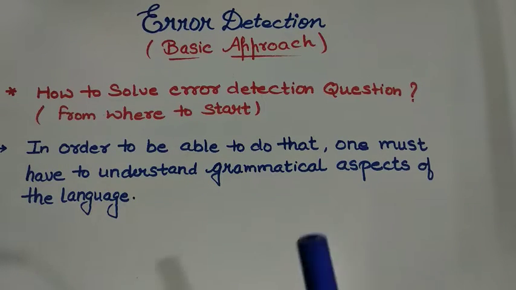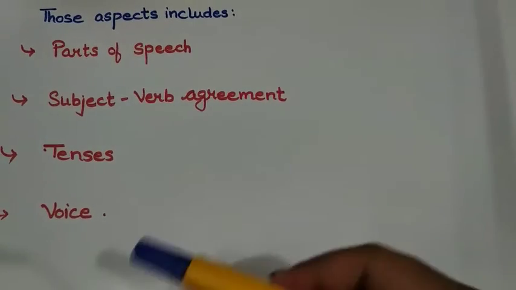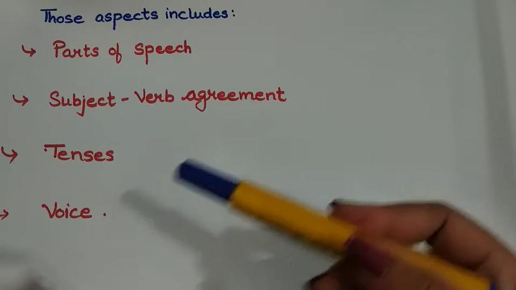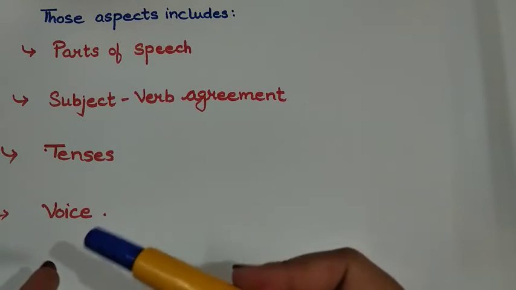By grammatical aspects of the language, I mean parts of speech, subject verb agreement, tenses, and voice.